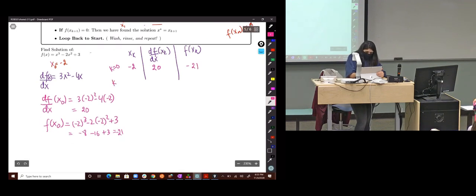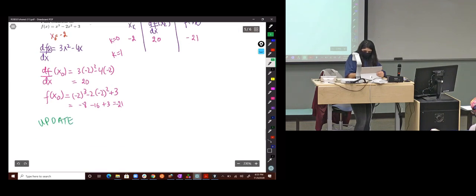Now for k equals 1, we do the update. So, the update rule: x1 equals x naught plus df by dx at x naught times f of x naught. X naught is minus 2, df by dx at x naught is 20, times f of x naught, which is minus 21.